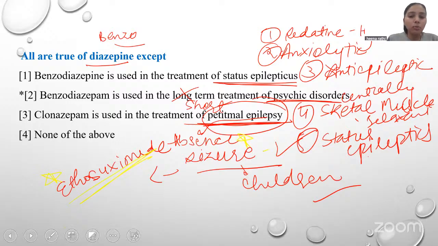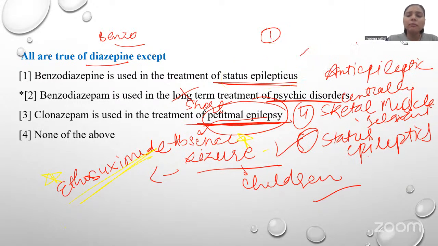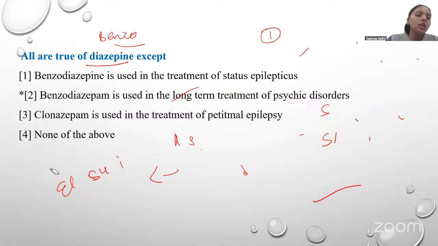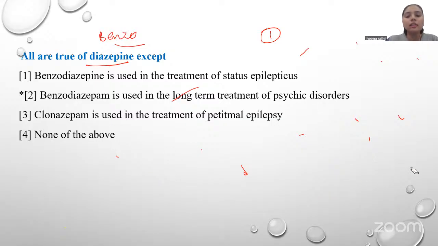Now, the question is status epilepticus. What is status epilepticus? Status epilepticus is a condition of epilepsy when the person has seizure attacks such that within less than 30 minutes, two or more attacks are precipitated.